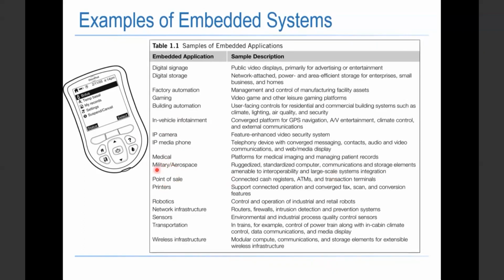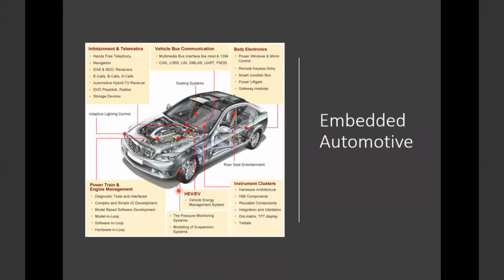And then we have robotics, sensors, transportation, wireless processors, and infrastructure. So this is a sample of the embedded applications. Now moving on to this slide, this is an embedded system in automotive.